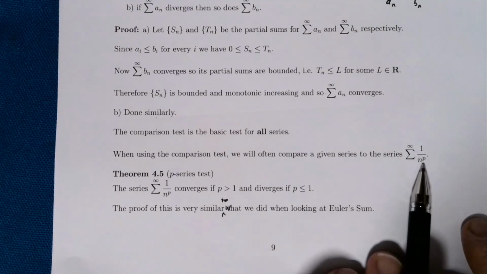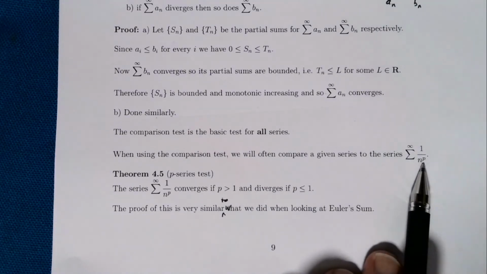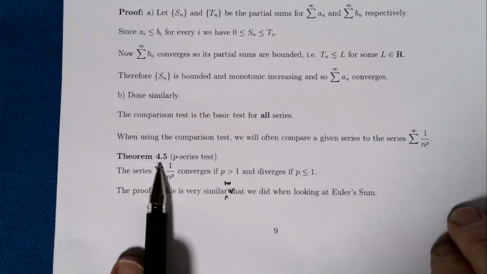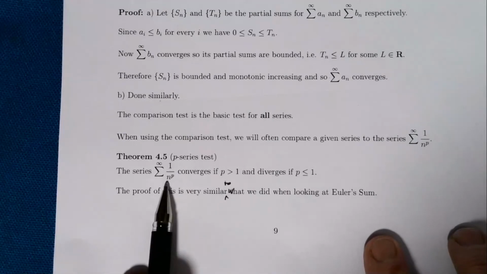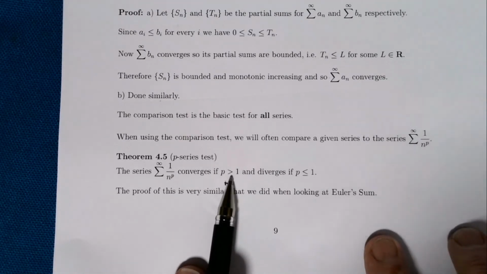We've already seen if p is 1, this is the harmonic series and it diverges. And we saw if p was 2, that was the Euler series that converged. Well, what about other values of p? Theorem 5.4 tells us exactly what's going on. So the series sum of 1 over n to the p converges if p is strictly bigger than 1.